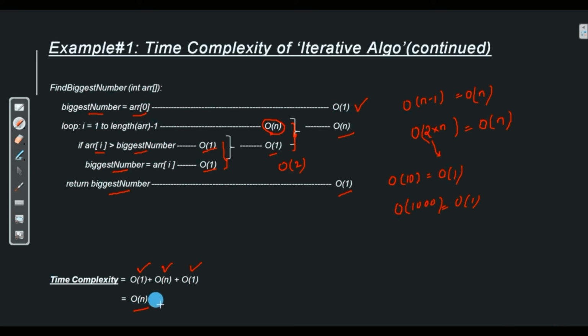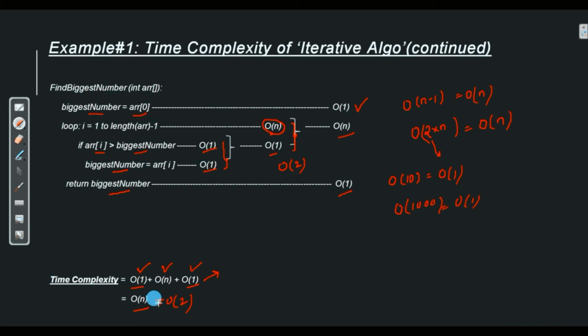Now why are we saying order of n and not order of n plus 2? Because this order of 1 and this order of 1 are constant and we can safely eliminate them. Now let's quickly see why we eliminate these constant numbers. Are they not important for us? So let's see that.